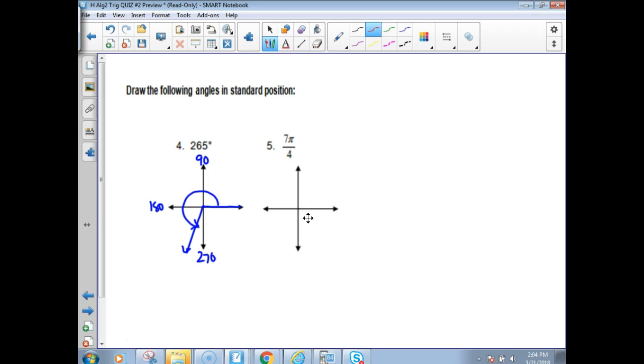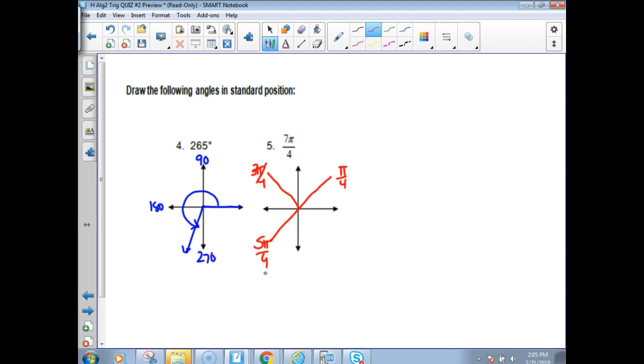Now, if you were to convert this, well, let's just say 1 pi over 4 is 45, right? You don't have to write this down. I'm just showing you something. 1 pi over 4. 2 pi over 4 would be pi over 2, would be 90. 3 pi over 4 would be there. 4 pi over 4 would be here, that's at 180, pi. 5 pi over 4 would be here.